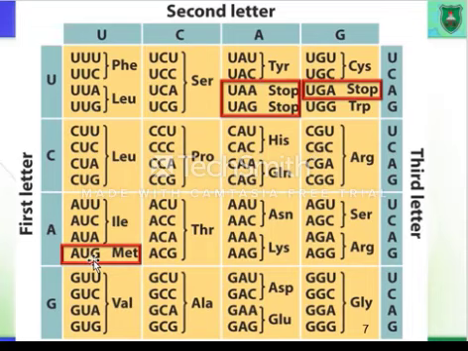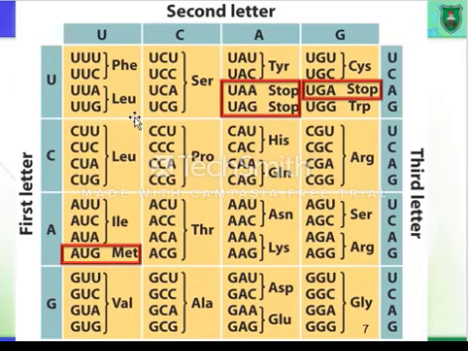Also, we have a start codon, which is the AUG, which encodes the amino acid methionine. It is a signal for the translation machine to start the synthesis of protein. So we have a start codon, and we also have stop codons that stop the protein synthesis.